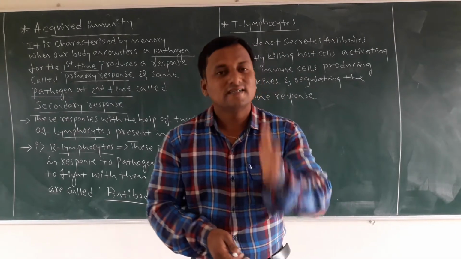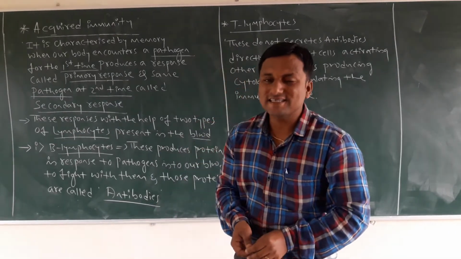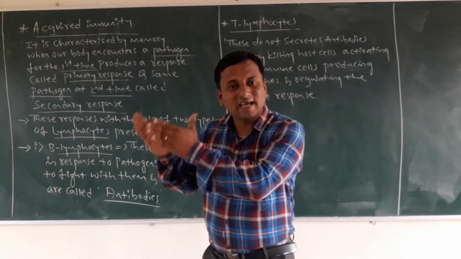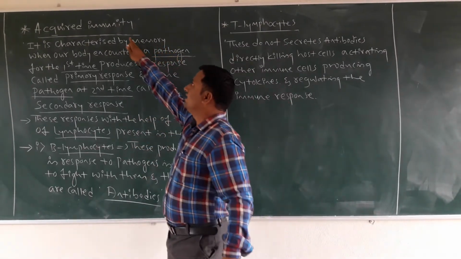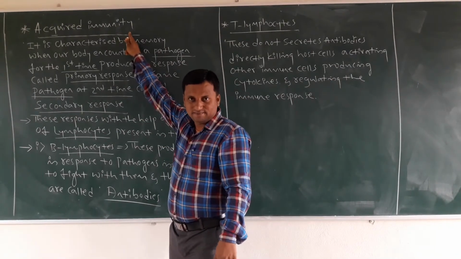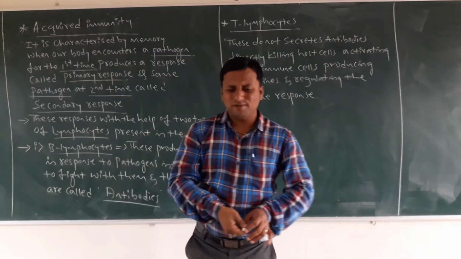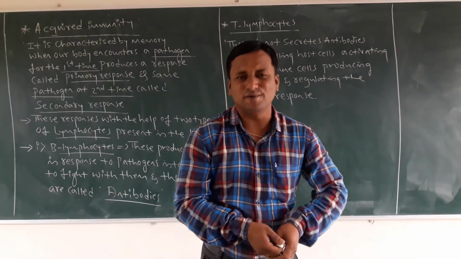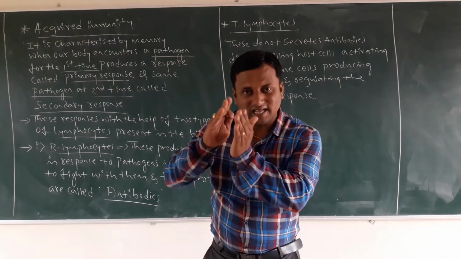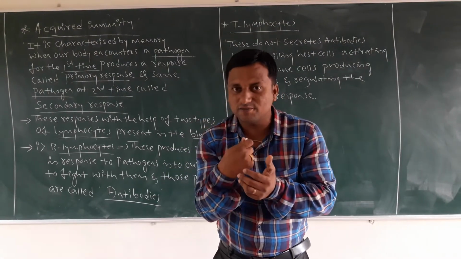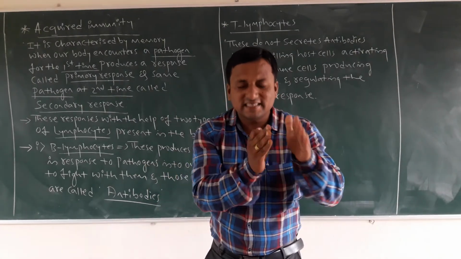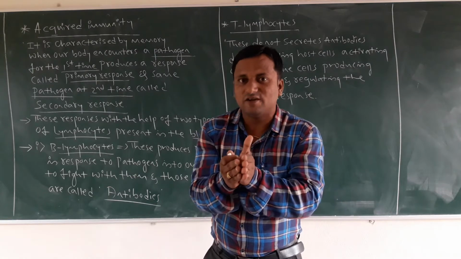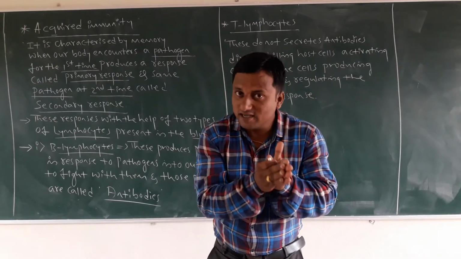In today's class, we discuss another type of immunity concept, called acquired immunity. You already know that acquired immunity is also called adaptive immunity. This type of immunity takes place after birth. Before birth and at the time of birth, innate immunity gives us protection.